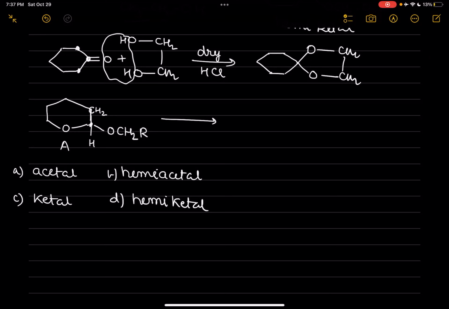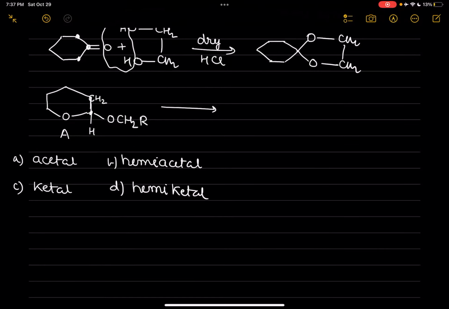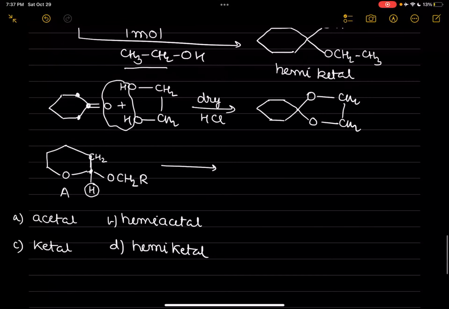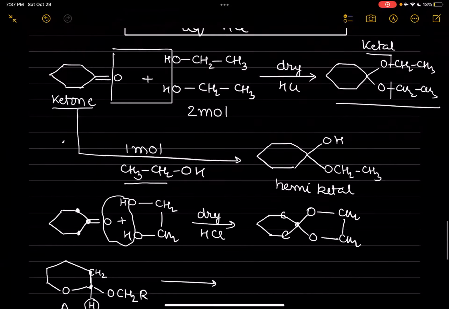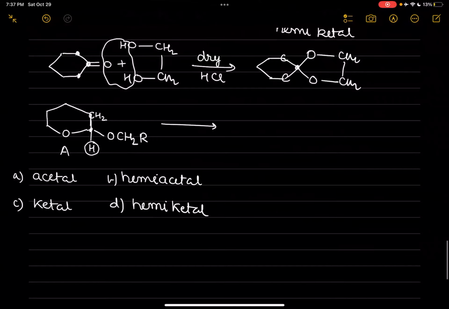It was an aldehyde earlier because there is one H. If you have two carbon atoms, then there is no such possibility. Is it clear? So now what should be the answer? A, B, C, or D? A.